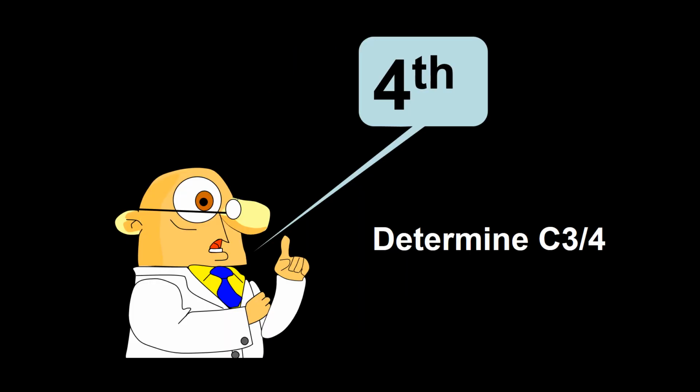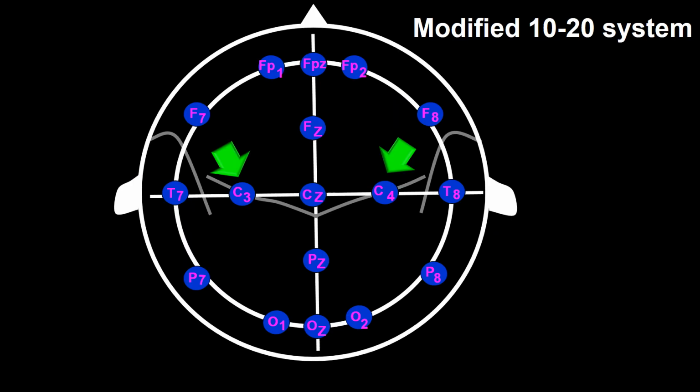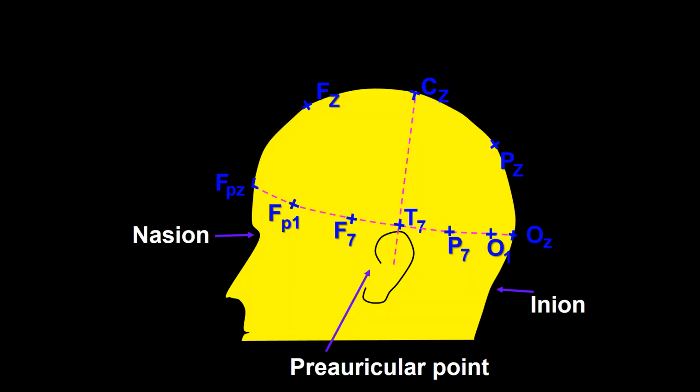The fourth step we take in the process of placing surface EEG electrodes is to determine C3 and C4. I have represented in this diagram the intended location. We do the left side first. We measure the distance between CZ and T7 and halve it. So we determine the site for C3 and do the same for C4 on the other side.